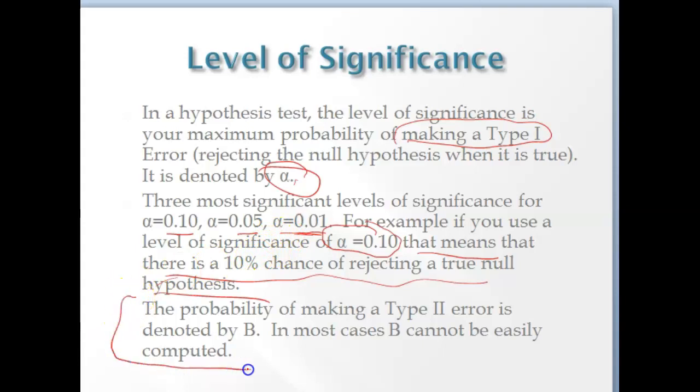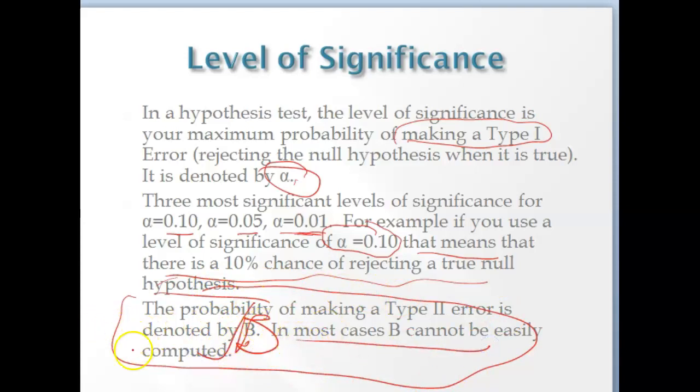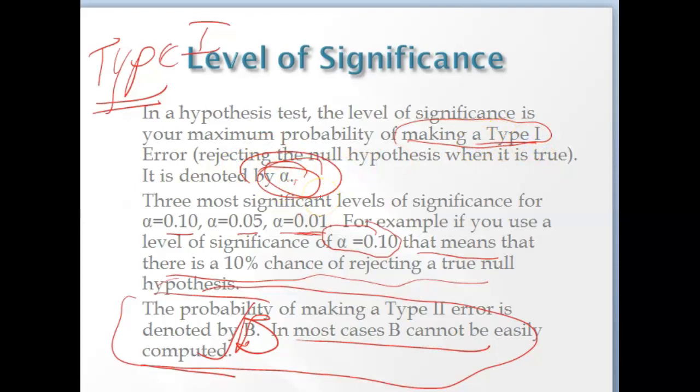The probability of making a type 2 error is denoted by beta, and in most cases that cannot be determined easily, so computing that type of error is beyond the scope of this particular statistics class. So what we're going to focus on here is the maximal probability of making a type 1 error, which is going to be denoted by alpha.